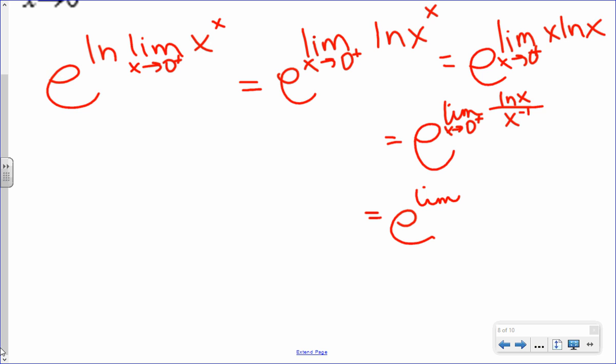In order to do L'Hopital's rule, we have it as a fraction. Infinities over infinities, doesn't matter if it's positive or negative, but we have indeterminate. So now we can finally take our derivative.